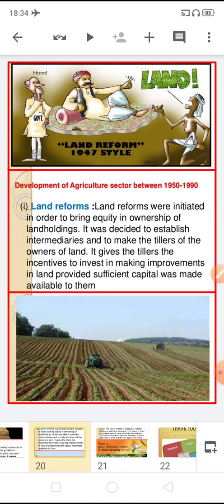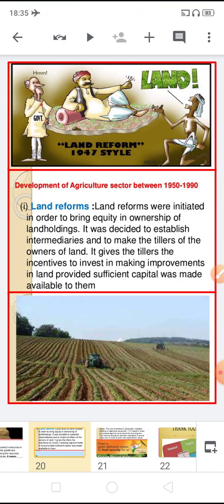The zamindars were getting rich day by day. They were less interested in the wellness as well as the growth of Indian agriculture, but they were keenly interested in increasing their standard of living and living a lavish life.